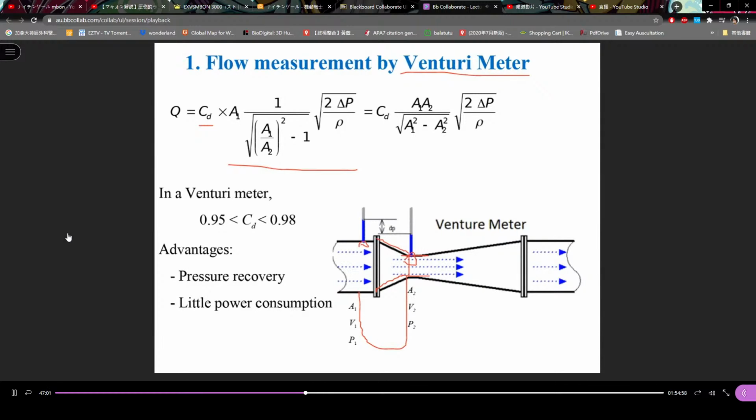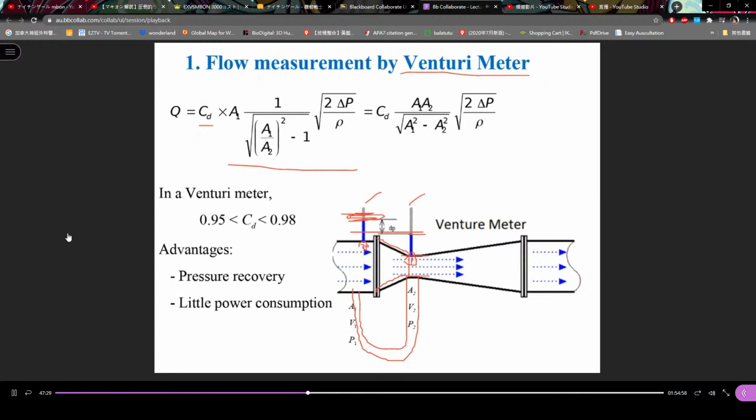But if you just connect the two, open to the environment, and the pressure is not very high, then the level here represents the static pressure at this point. The level here represents the static pressure at this point. And the level difference can be used to represent the pressure difference.